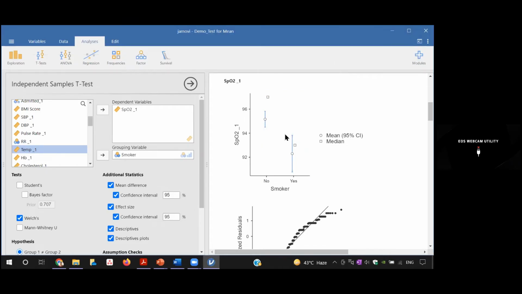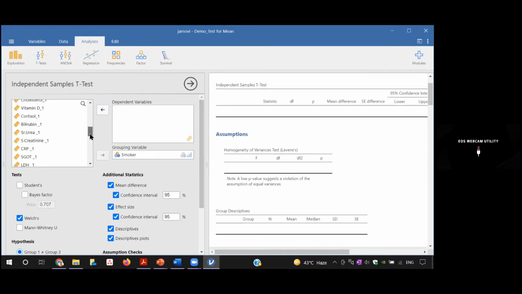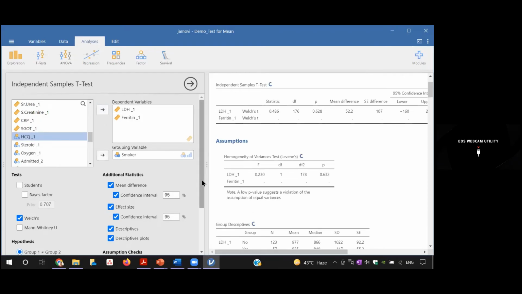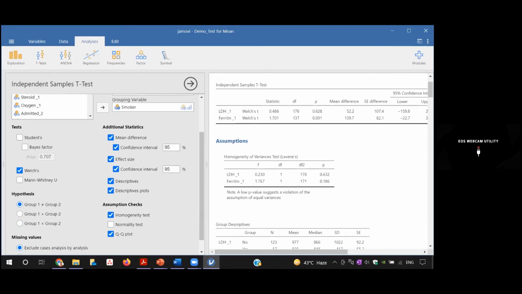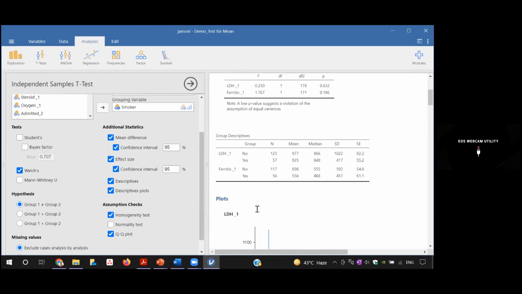So this was regarding the Welch. Now we'll go to the Mann Whitney U. For Mann Whitney U, I'll again move this back to here, and then LDH and probably the ferritin. So I'll move this LDH and ferritin in this, and then you can see this is the LDH.